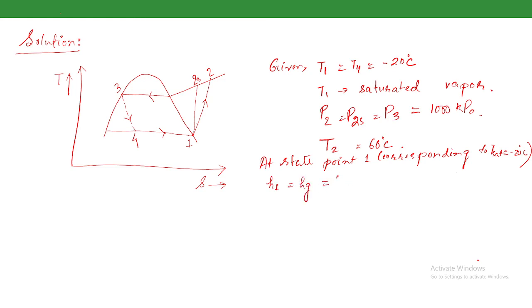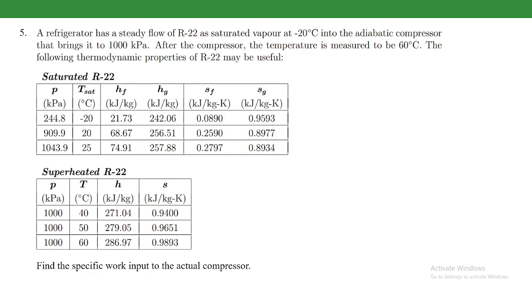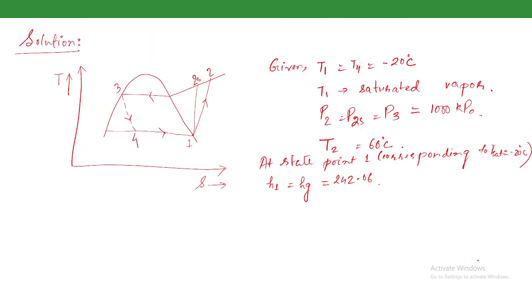This is equal to 242.06. It is already given at minus 20 degrees Celsius. Okay, Hg is 242.06 and S1 is equal to Sg is equal to 0.9593 kilojoule per kg Kelvin.